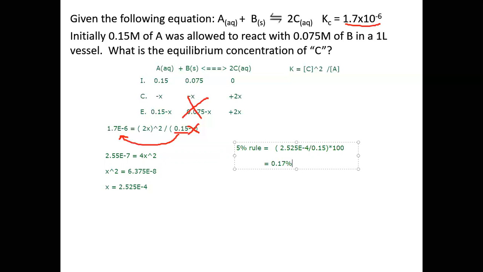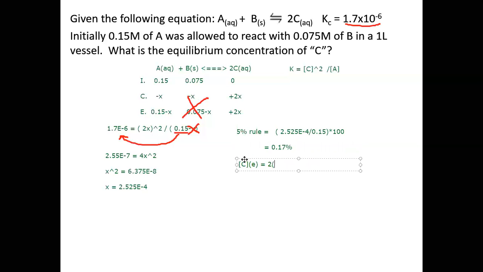So that's less than 5, so our assumption is valid. So now we can calculate the equilibrium concentration of C, which is 2 times X. And we get 5.05 e to the negative 4.